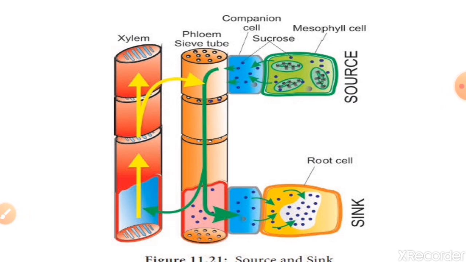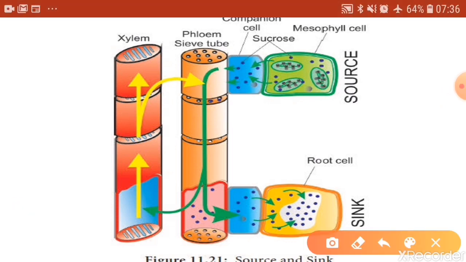Remember that it's not just the food, that is the photosynthesizing material made in the mesophyll cell, that is transported by the sieve tubes. The sieve tubes also transport other organic solutes like amino acids, then the plant hormones, about which you will be learning in the later chapters to come. So all these are also transported by the sieve tubes of the phloem.